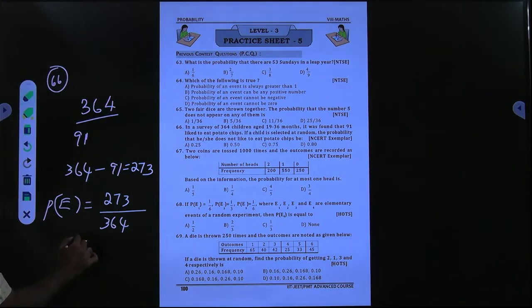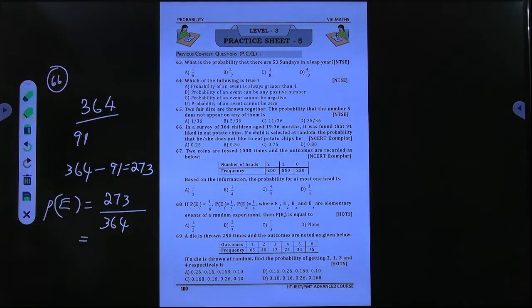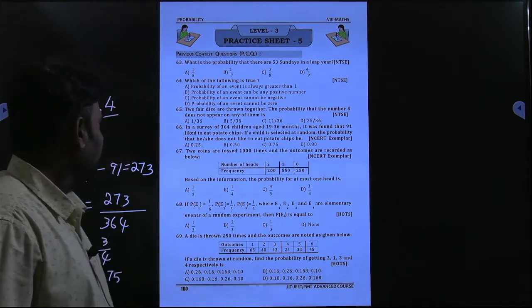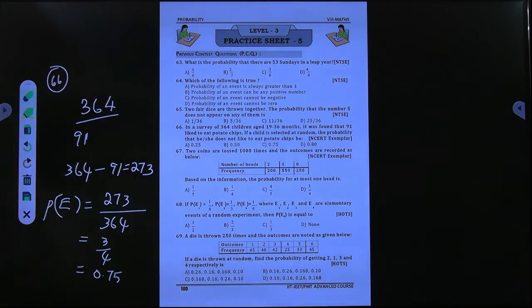For 273 and 364, 91 is the common factor. 91 times 3 is 273, 91 times 4 is 364. So we will get 3 by 4. We can simplify it further: 3 by 4 is nothing but 0.75. From the given options, option C is the correct answer. Next question, students. 67.